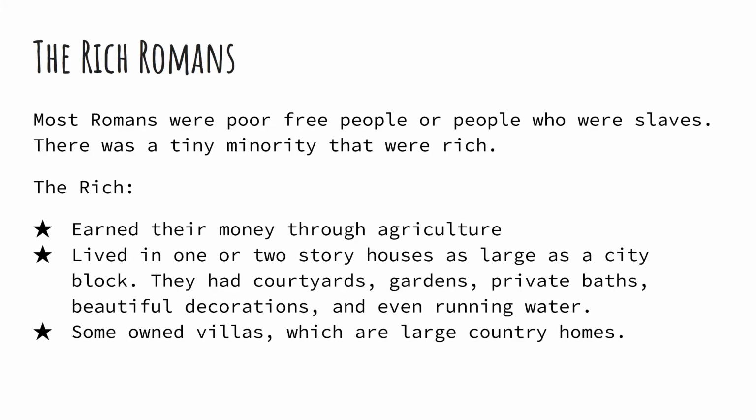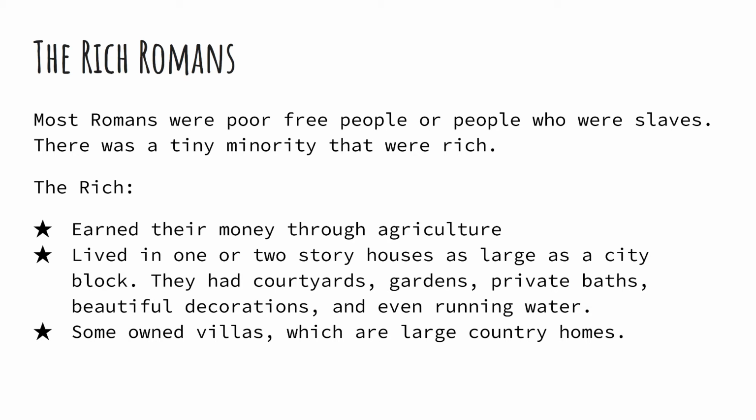So the rich Romans. Most Romans were poor, free people, or people who were slaves. There was a tiny minority that were rich in Rome, so the rich population was very small. The rich earned their money through agriculture, like planting goods and crops. They lived in one or two story houses as large as a city block.